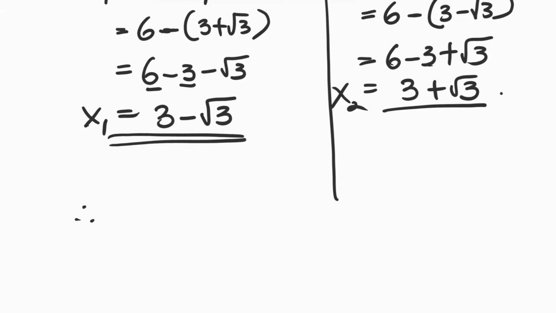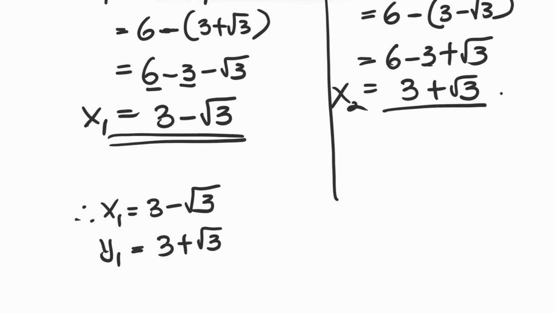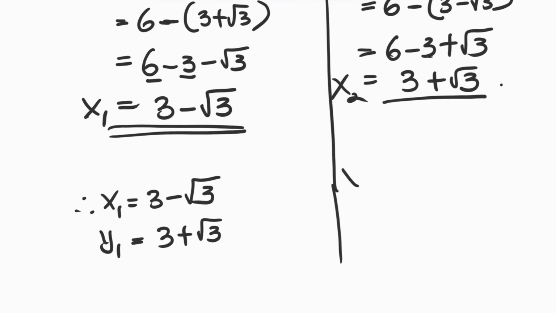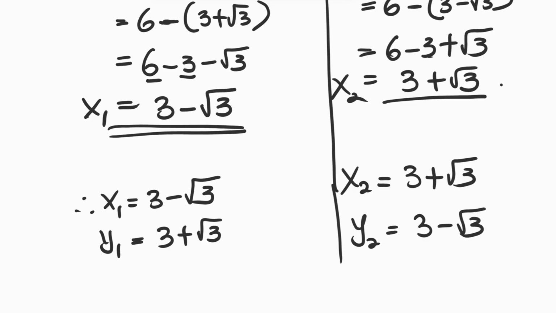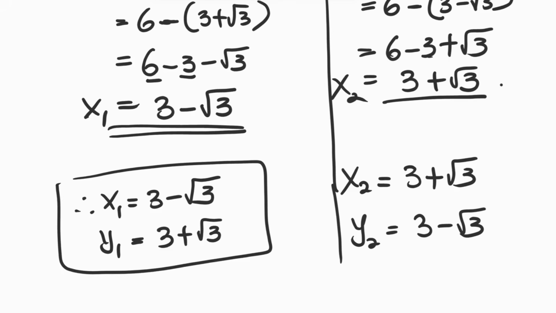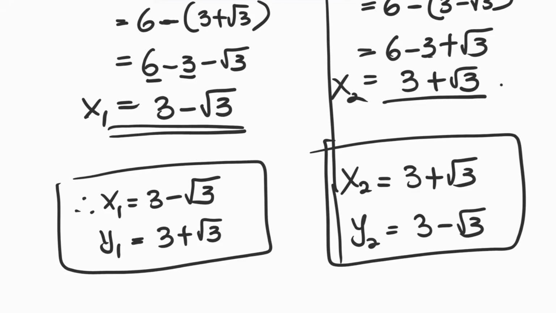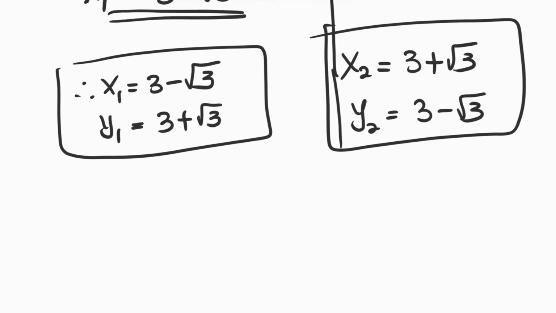So therefore we have that our x1 is 3 minus root 3 and y1 is equal to 3 plus root 3. And on this side we have that x2 is equal to 3 plus root 3, and then y2 is equal to 3 minus root 3. These 4 answers are the answers to the question.